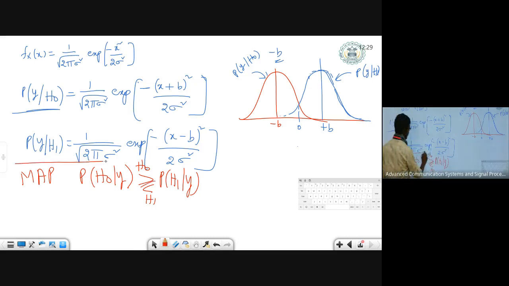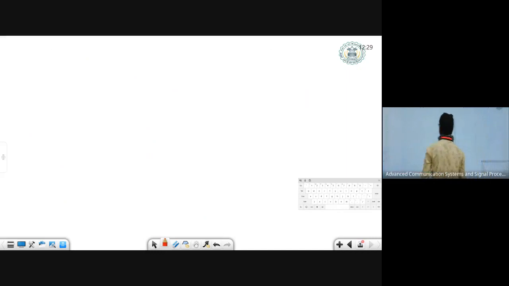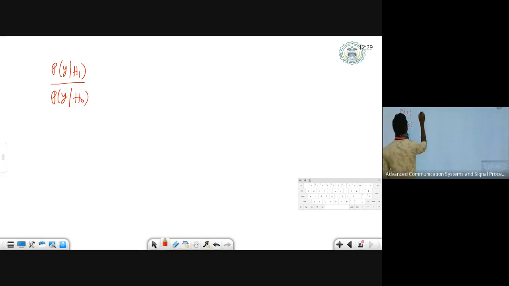Again, I don't want to repeat the same mathematical equations. Instead, I'll go straight to this particular equation: probability of y given h1 divided by probability of y given h naught, less than or greater than pi naught by pi 1.